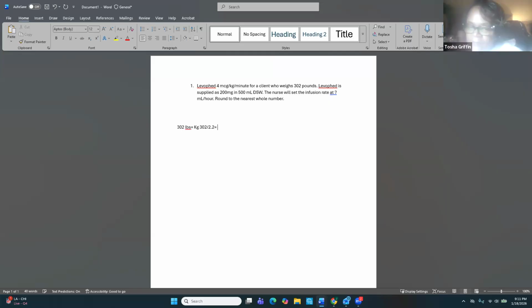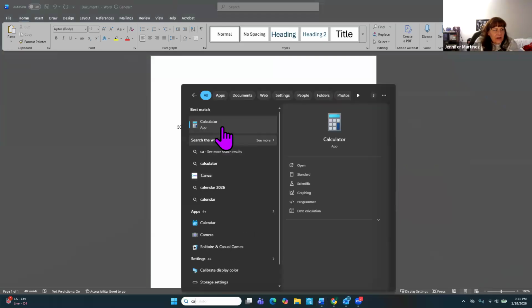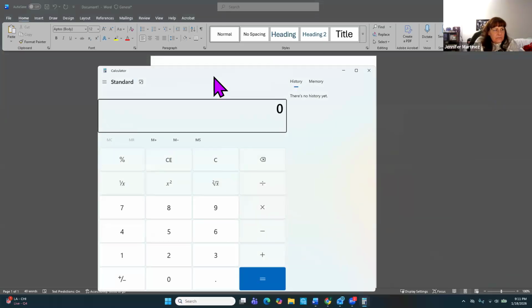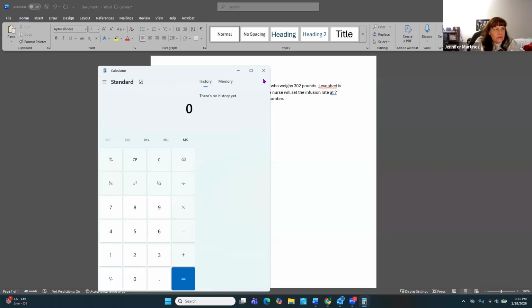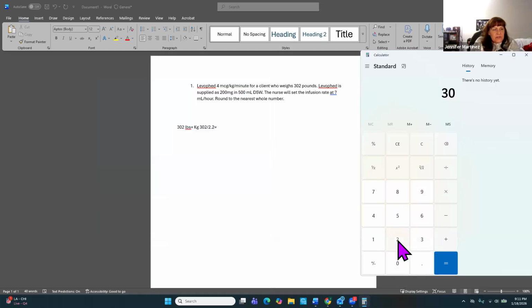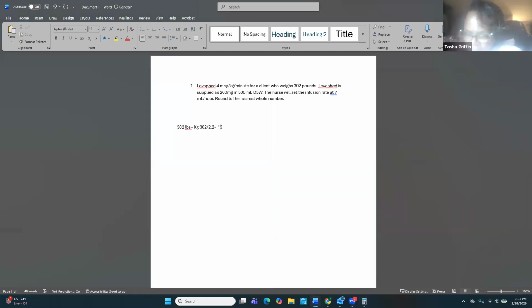So if I pull my handy dandy calculator up, 302 divided by 2.2 gives me 137.27 kilograms.